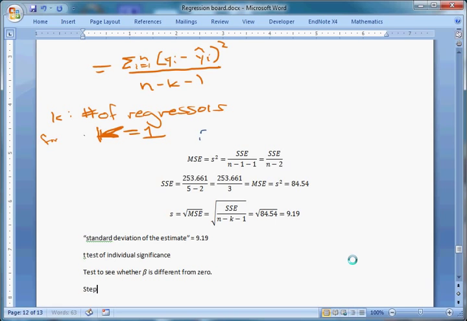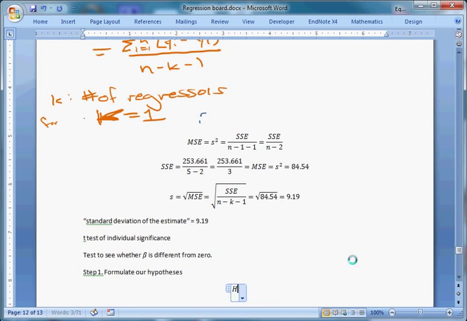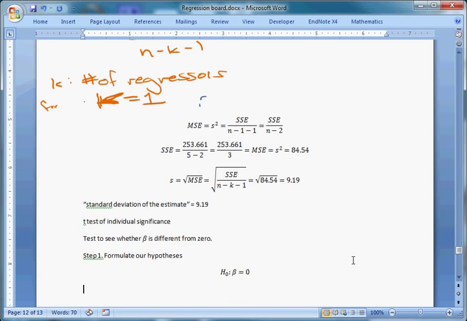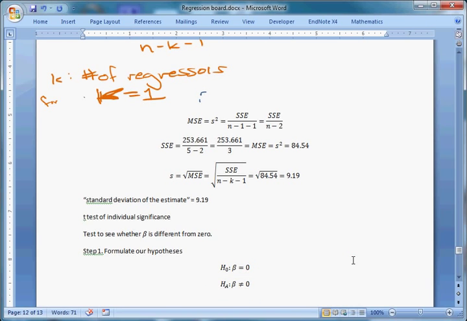The way that I break this up is step 1, formulate our hypotheses. These are always going to look like this for our t-test. They're always going to be the same. Our null is always that there is no relationship. We're testing this against the alternative that there is a relationship, which means that if we can reject the null, we can conclude that there's a significant relationship between the two.